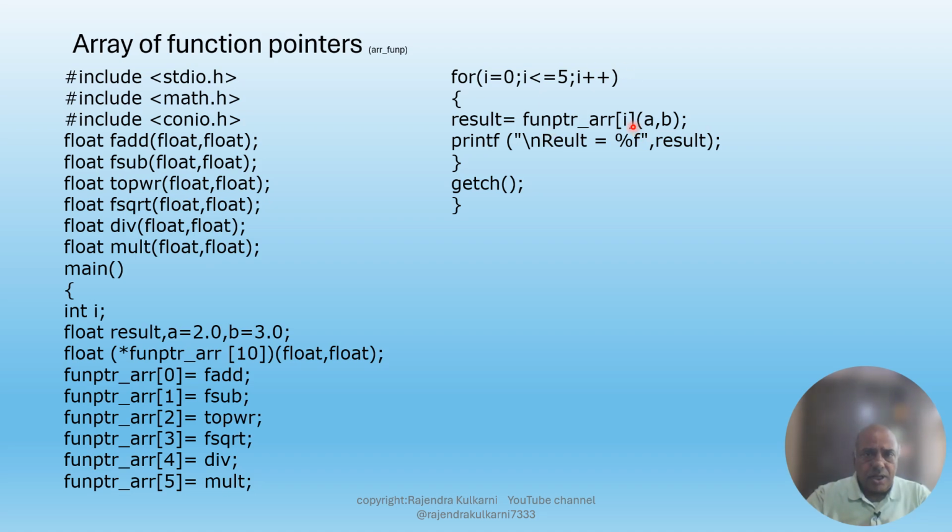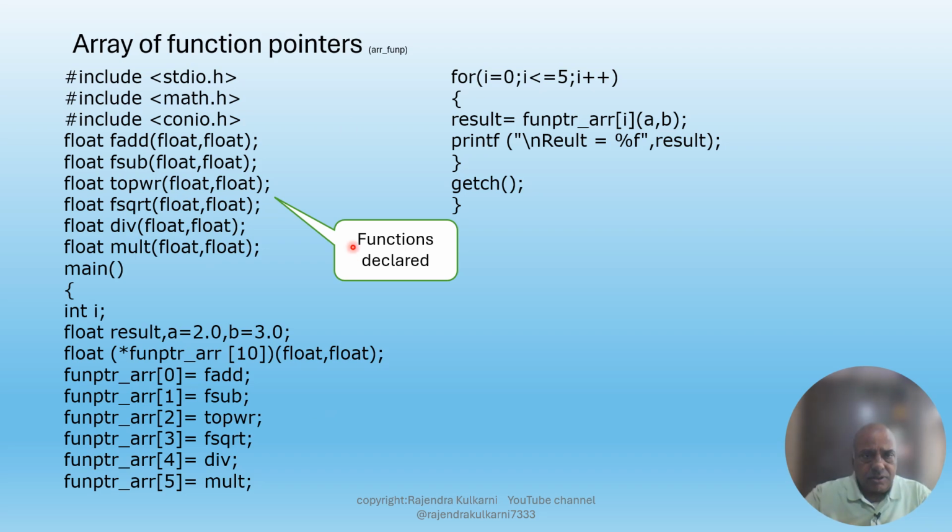As the value of i changes from 0 to 5, the function whose address is at the 0th element of the funptr_arr array will get executed, and as i's value progresses through i++, the second function that will be called is fsub, the address of which is stored in the array's element 1, and in this way all these 6 functions will be called.